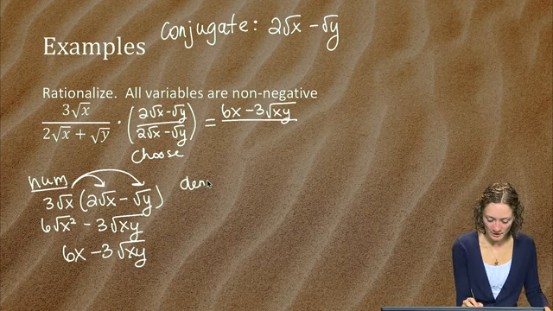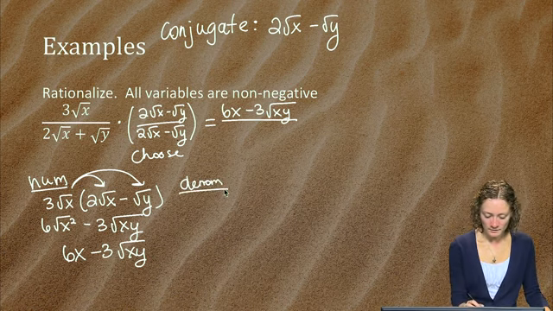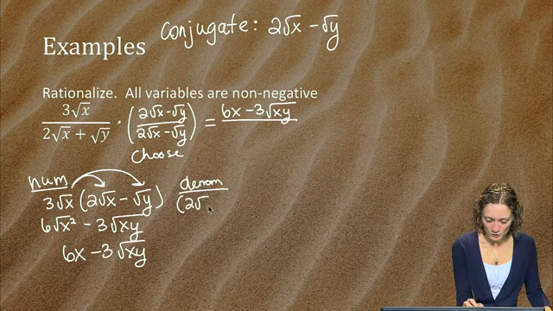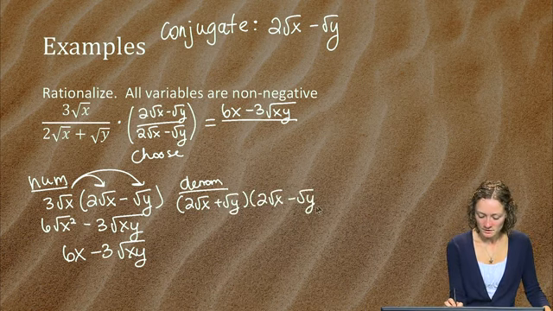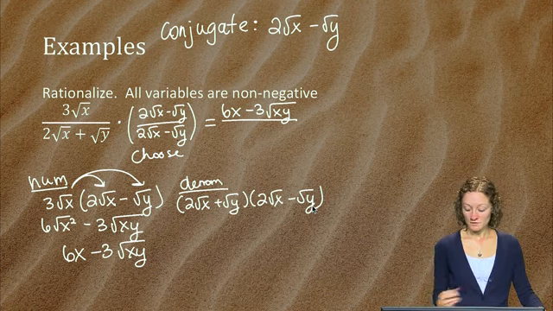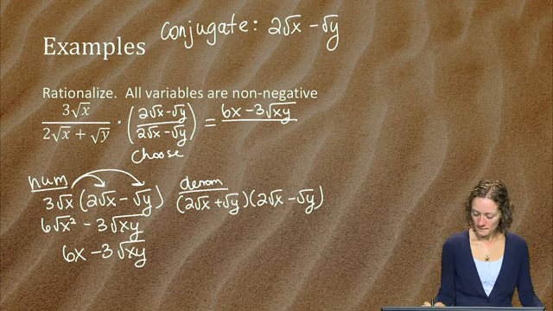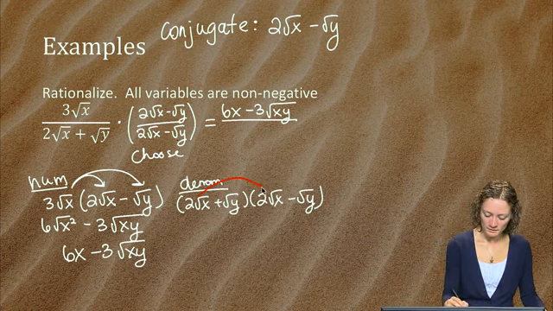Then the denominator, 2 square root of x plus square root of y, times 2 square root of x minus square root of y. This involves FOIL. Use color.